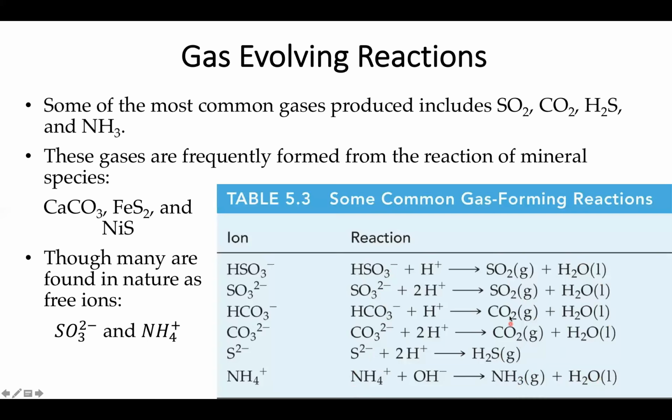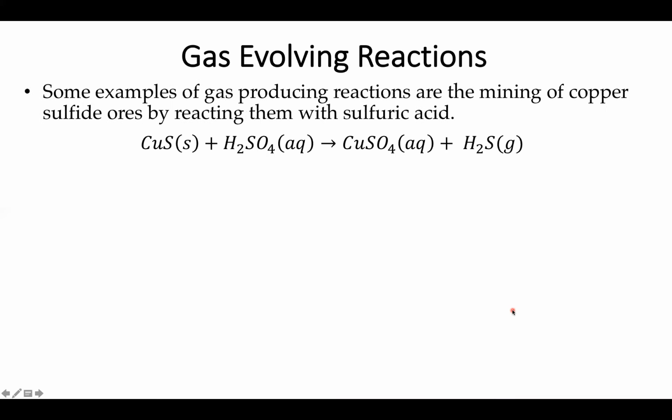However, these reactions also are involved in a lot of other very important processes. So one example of a classic gas-producing reaction is metal sulfide ores. One classic example is copper sulfide. A lot of good copper ores were long ago extracted. So one of the predominant forms you'll find copper in mines these days is as copper sulfides.